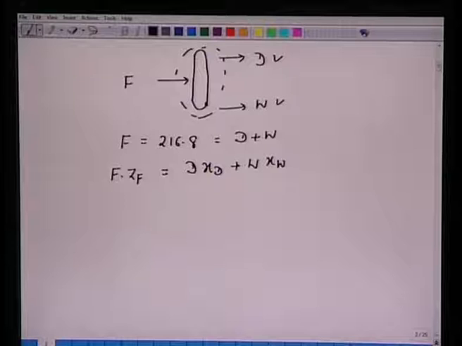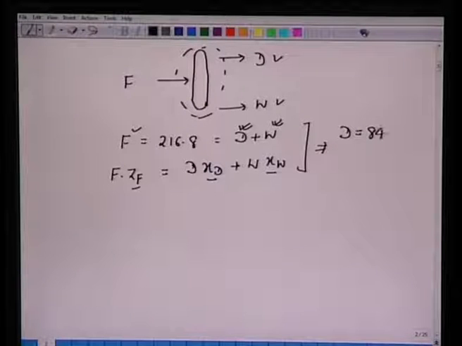Alright, so here F is given, D and W we are supposed to calculate, ZF is given, XD and XW, all these quantities we have calculated. Two unknowns, two equations to obtain the molar flow rates for the top species. Top product is 84.4 kilomole per hour.